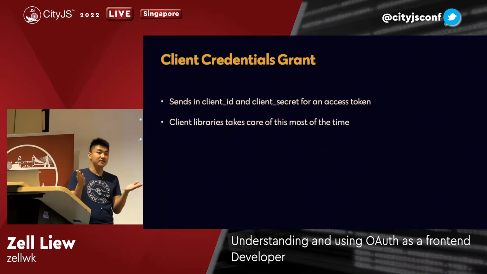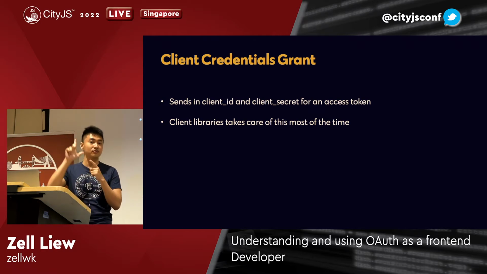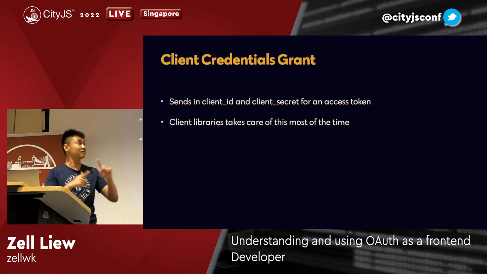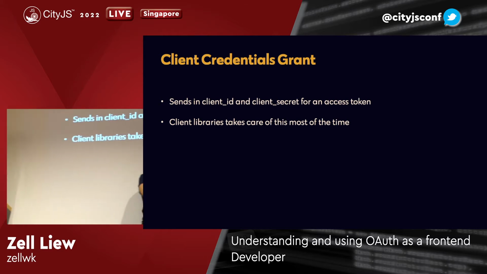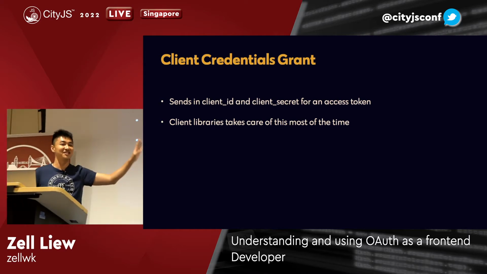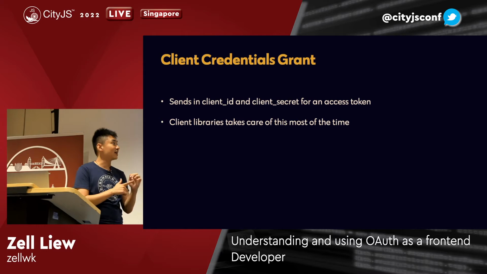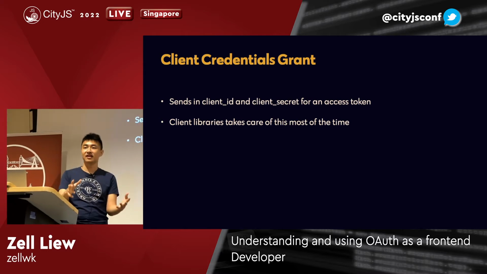The idea is that you have a client ID and a client secret, so 2 values. Remember that whenever you see secret, always put that inside your server because you don't want the secret to be exposed like your password. So what you do is you send the client ID and client secret in for an access token.